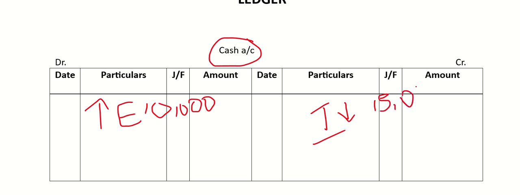Remember, this is not from a single transaction, but from different transactions. Now the business suddenly wants to know how much cash it has with it. Think you are the accounts manager of a hotel, and the owner of the hotel came running in and asked you, tell me how much money our business has left with us?